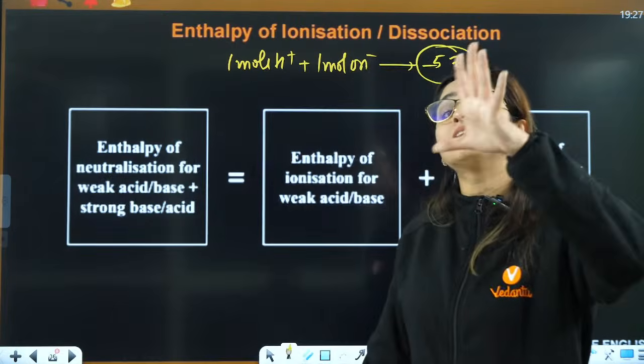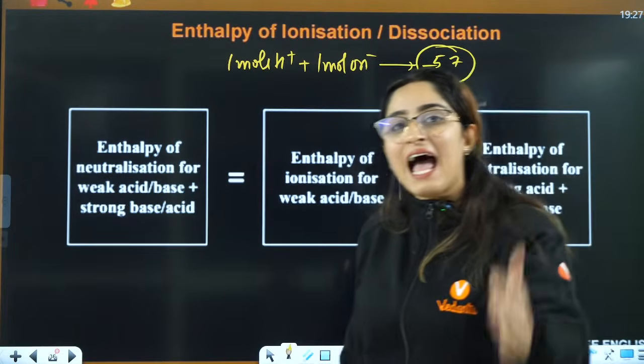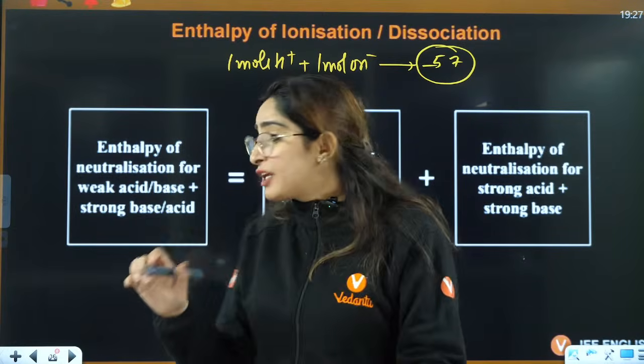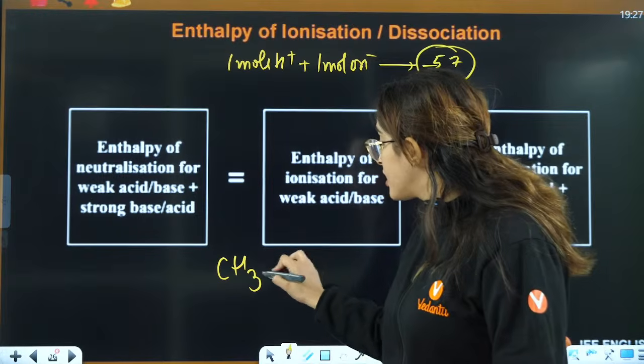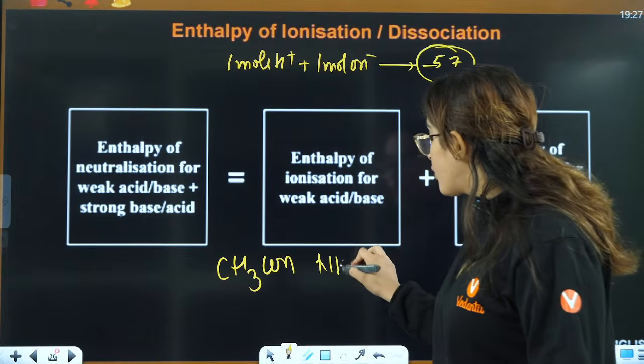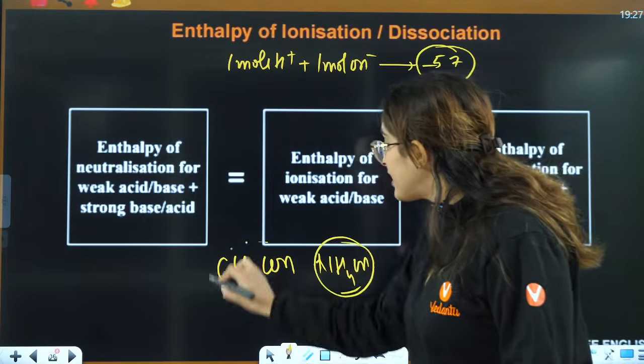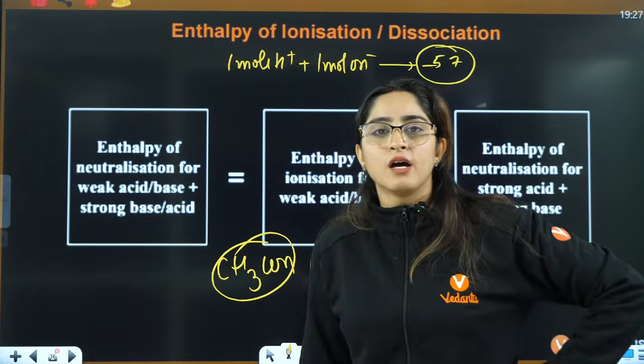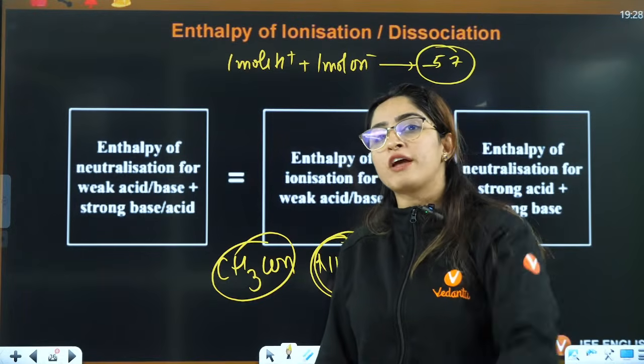If I have anything which is weak, like CH3COOH or NH4OH, these are a weak acid and a weak base, they will not be 100% dissociated. But you want 1 mole of H positive.